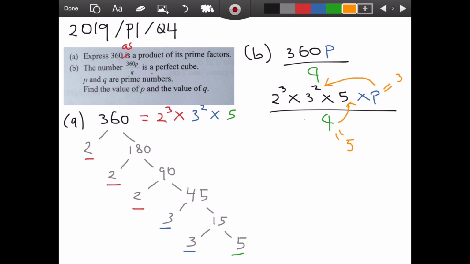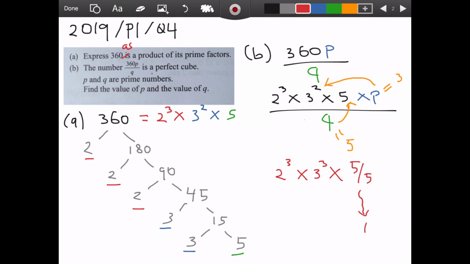So if we do that, let's just try and see whether it actually works out or not. We get 2 to the power of 3 multiplied by 3 to the power of 2 multiplied by 3, we get power of 3, right? And then we multiply by 5 to the power of 0, which is essentially equal to 1.